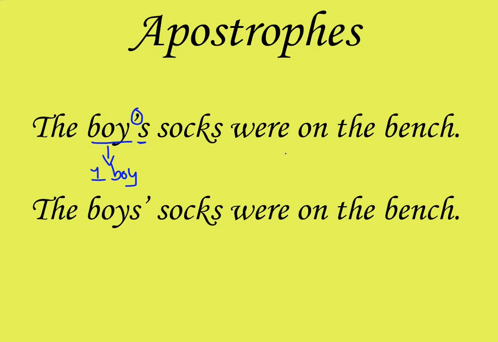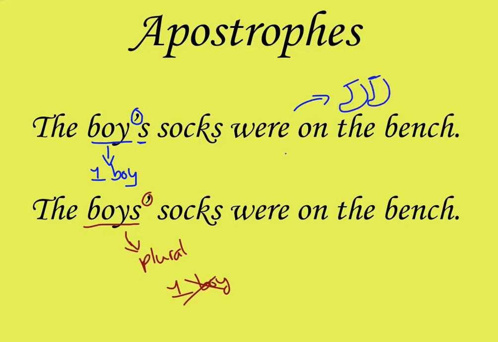In our second example down here, we've got the boys' socks. So I'm actually using a plural noun here. So I'm not talking about one boy, I'm talking about lots of boys. Many boys' socks were on the bench. And that has a real impact on the meaning. In the first case, it's a lone pair of socks on a bench by the beach.